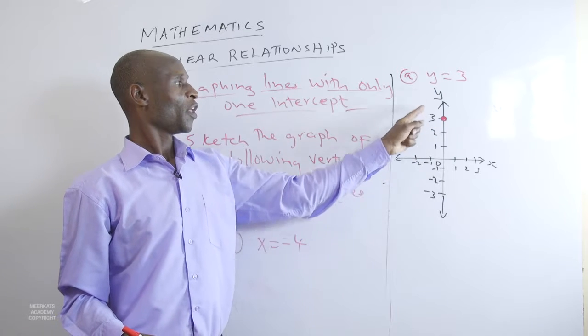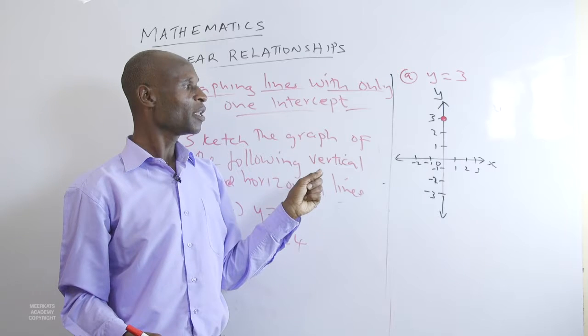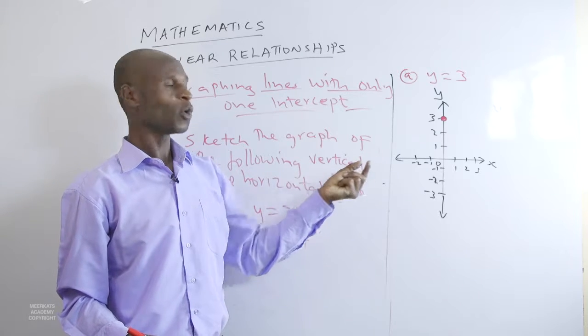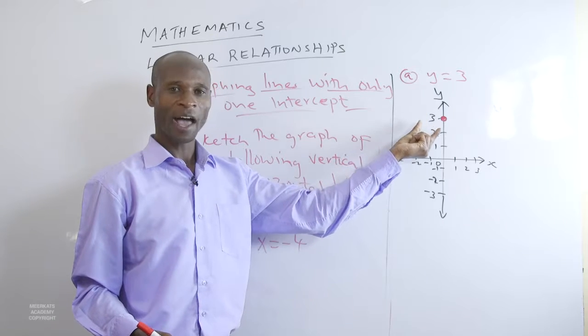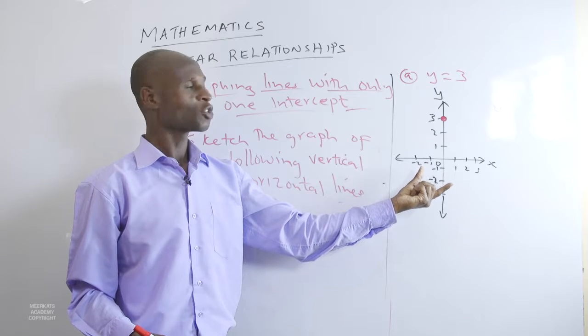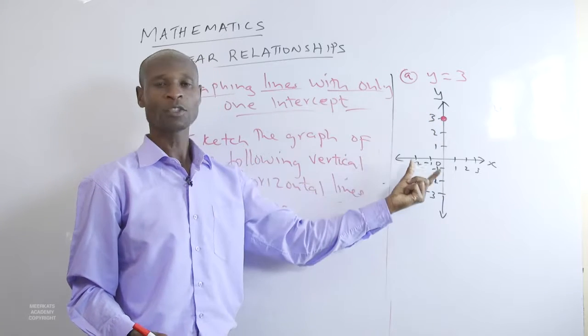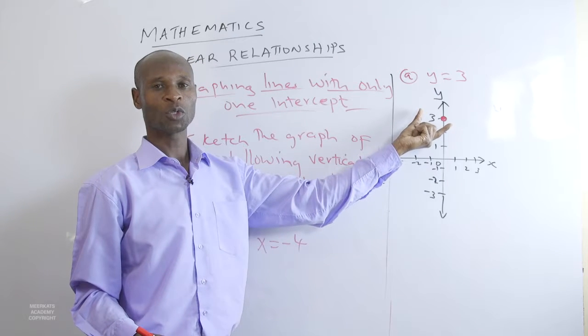So, the line y is equal to 3 will simply be a line that will intersect the y-axis. And that line will be horizontal to the x-axis. So it's a line that is parallel to the x-axis, but passing through y is equal to 3.